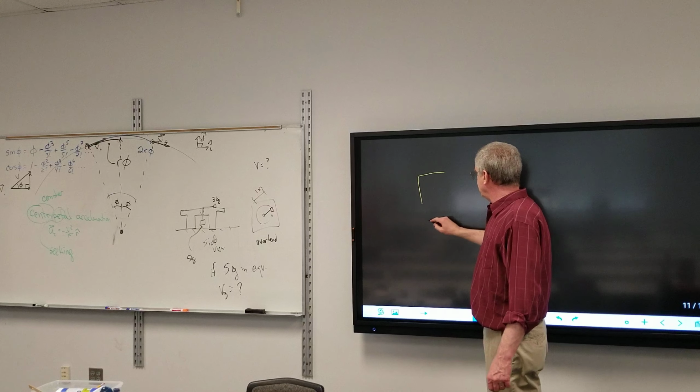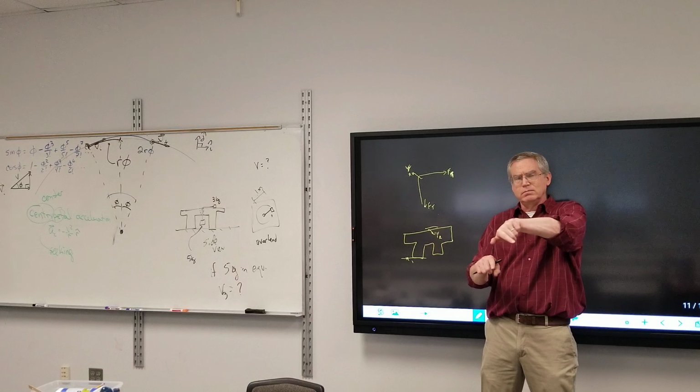So if there's no friction between the table and the ground, so the table's free to move, what's going to happen is the rope is going to push on the table and the table's going to move this way. As the rope swings around, the table's then going to move. And so basically, the string is zipping around the hole there, the table is ultimately moving in sort of the opposite direction.